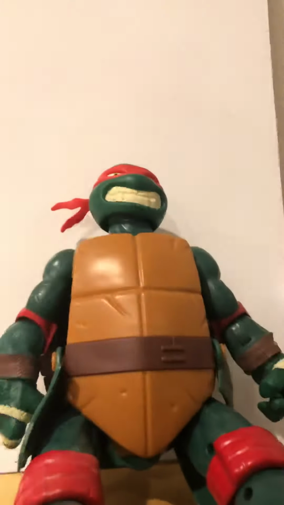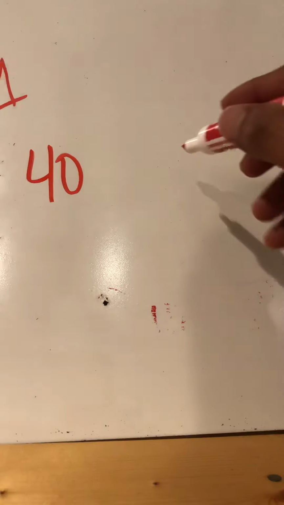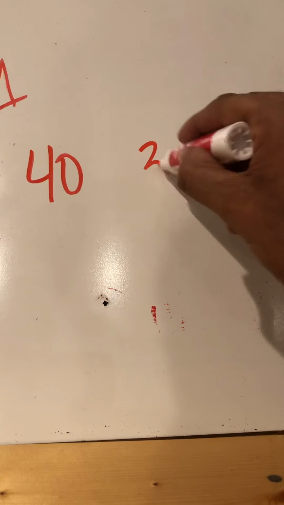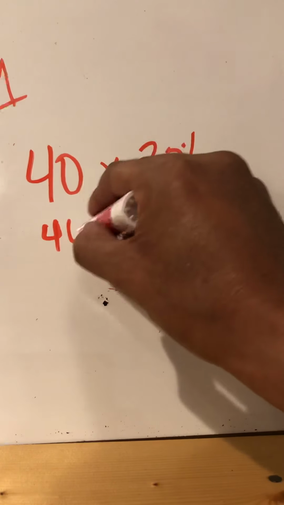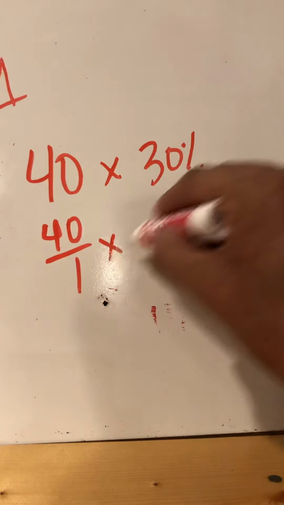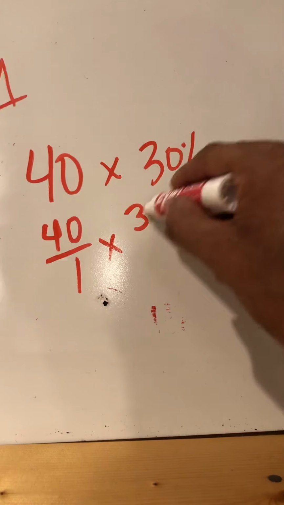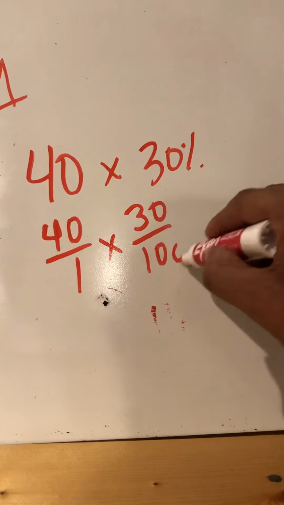So I'm gonna briefly discuss something else really quick. When you have a whole number, like for example 40, and you have a percent, let's say like 30%, and we're looking for 30% of the 40, because I know some of you like to multiply as fractions. So here the 30%, if I wanted to multiply it as a fraction, I would just simply put it over 100, right?